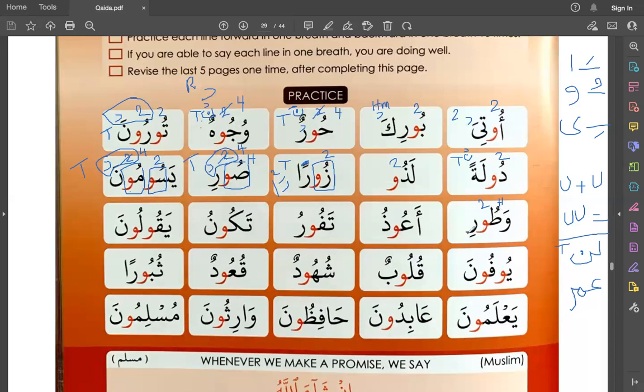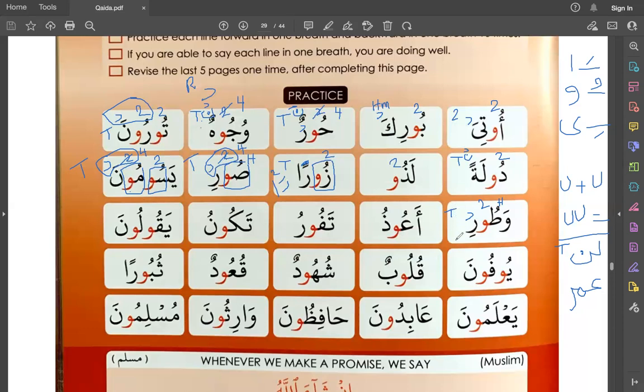Waquri. Ra is light here because whenever ra is with kasra, it has a light sound. Ri. Waquri. This is how you will say it in continuation. How will you stop? You will give sukoon at the end, and ra will get the sifa of tawassut because this is part of lin umar, and the letters of lin umar, whenever they are with sukoon, will get the sifa of tawassut.